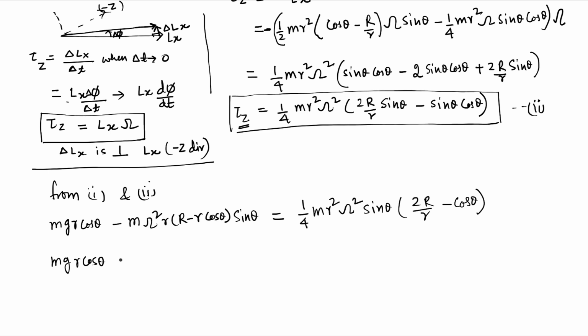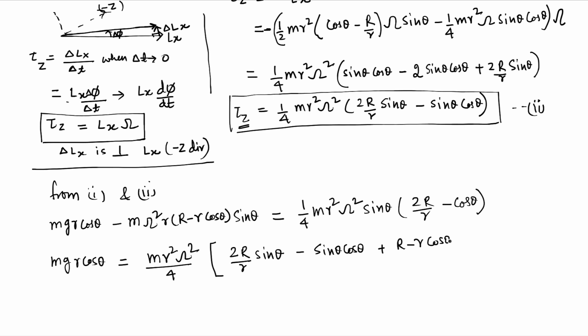Mgr cos theta should be equal to, we can take mr square omega square by 4 as common. So this will become 2r by R sine theta minus sine theta cos theta, okay, plus r minus r cos theta sine theta, 4 by R, because we have taken 4 here and we have also taken r square outside.